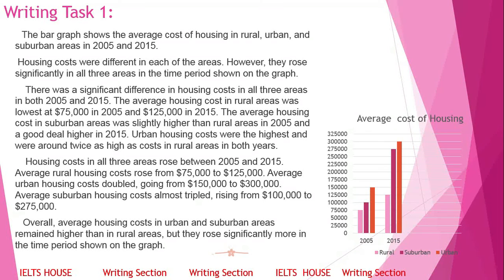Take a look. Overall, or in general, or generally, average housing costs in urban and suburban areas remained higher than in rural areas.